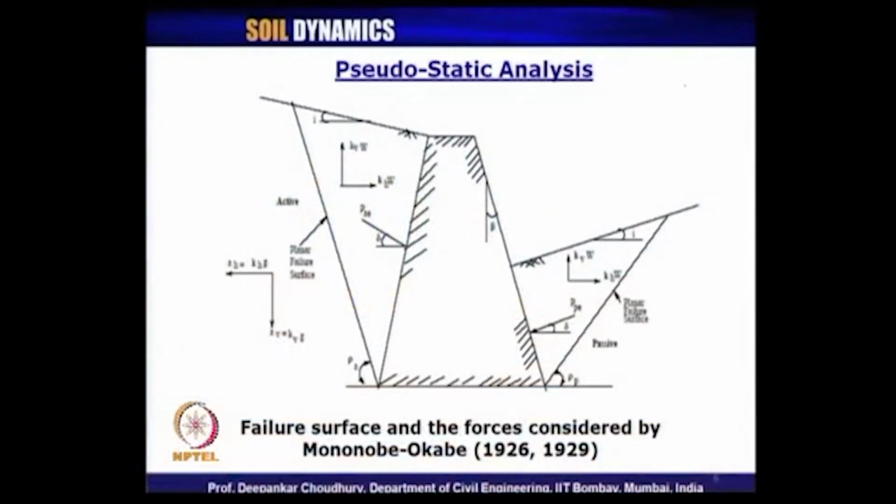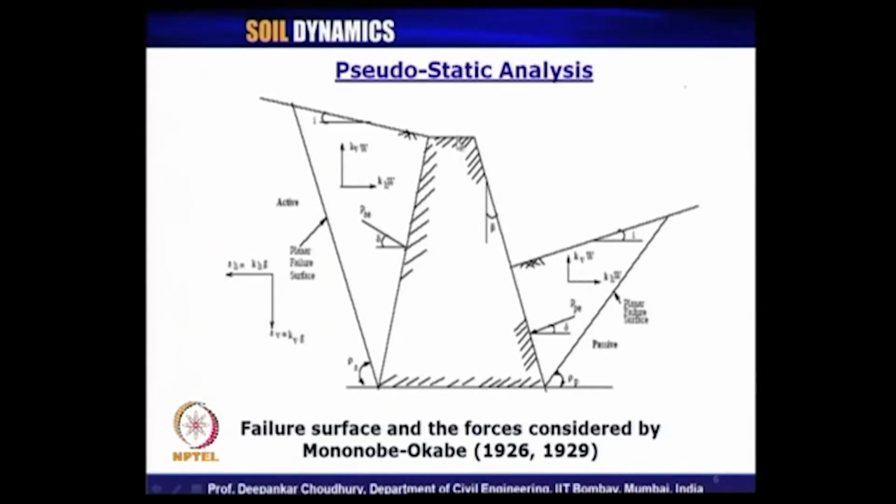Now, just a brief about the basic pseudostatic method of analysis using the limit equilibrium method, as was proposed by the first work done by Mononobe-Okabe, as I said, which is known as the Mononobe-Okabe method of computation of seismic active as well as passive earth pressure. This is the line diagram of a rigid retaining wall, which is retaining a backfill soil up to this height at one end, and on the other side the height of the soil is up to this level.